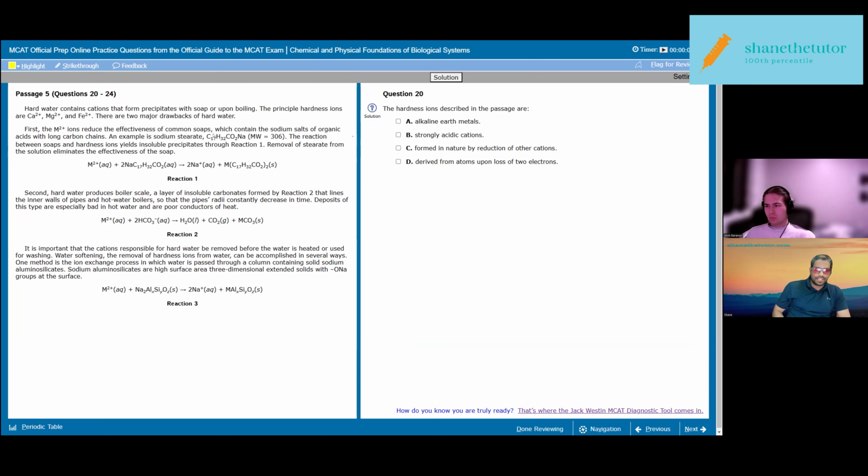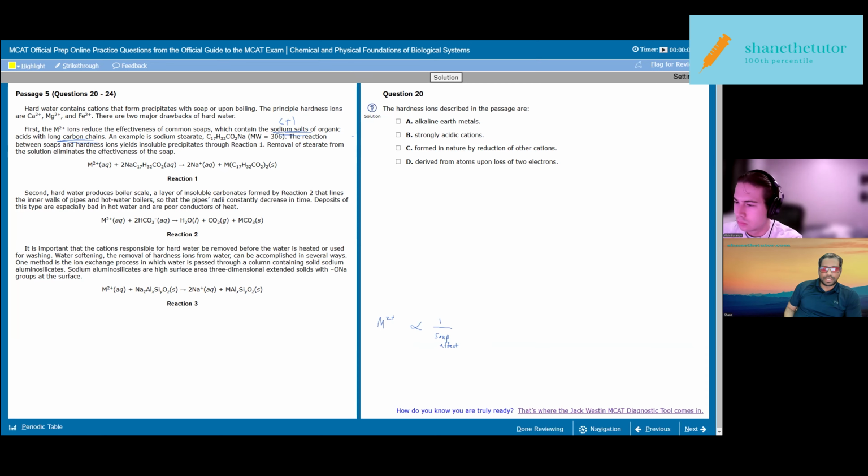Okay. So they say that there's sodium salts. That means there's going to be a charged end, and the long carbon chain is your hydrophobic part, right? So now I'm going to write that M2+ is inversely proportional to soap effect.